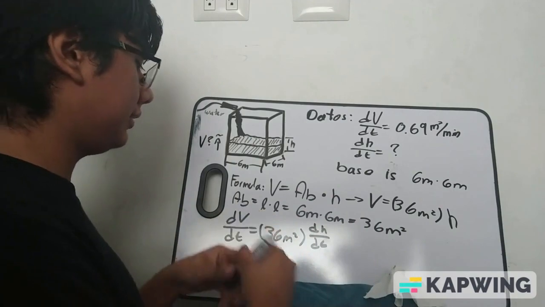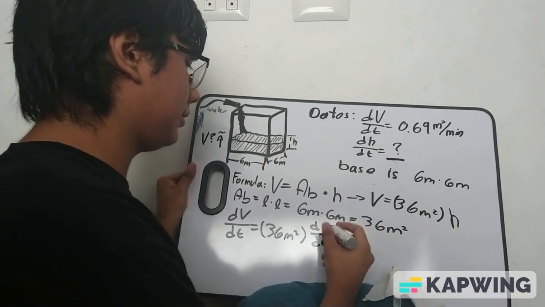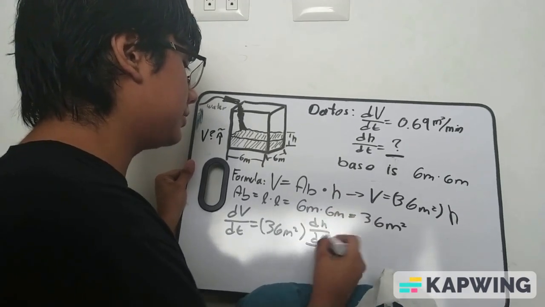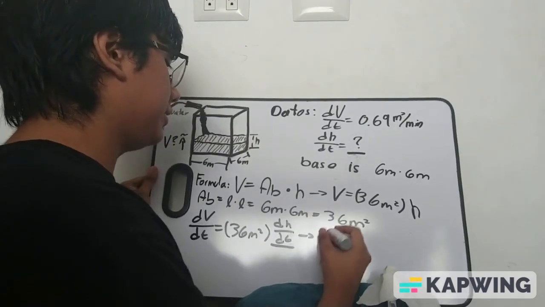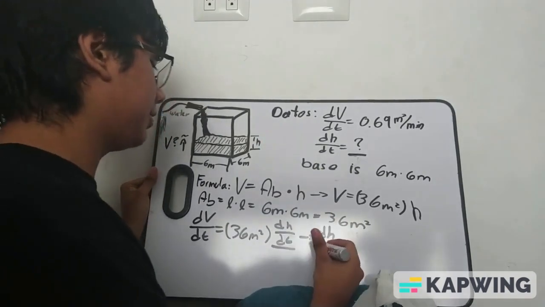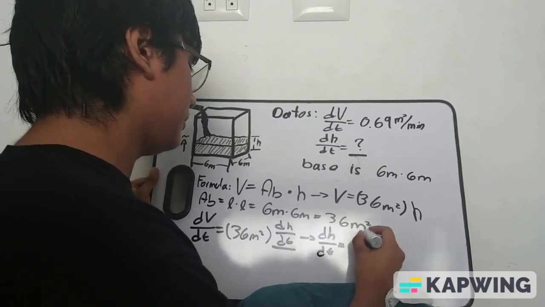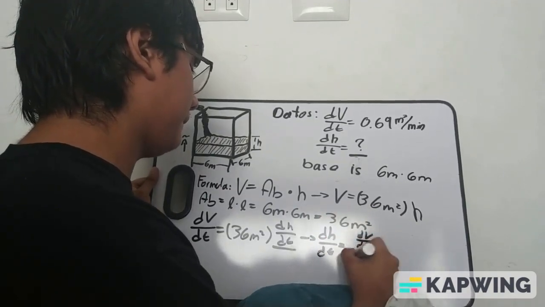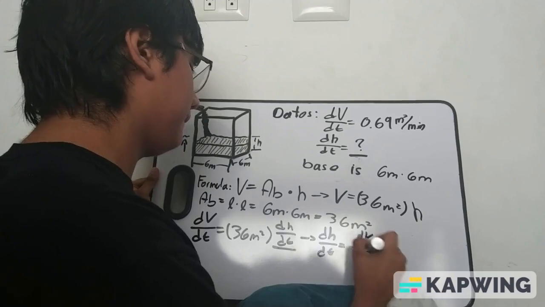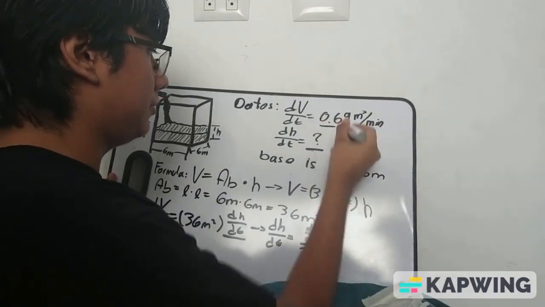We want to isolate the value we're searching for, which is this one. So we pass the 36 to the other side, and we substitute the value we already have.